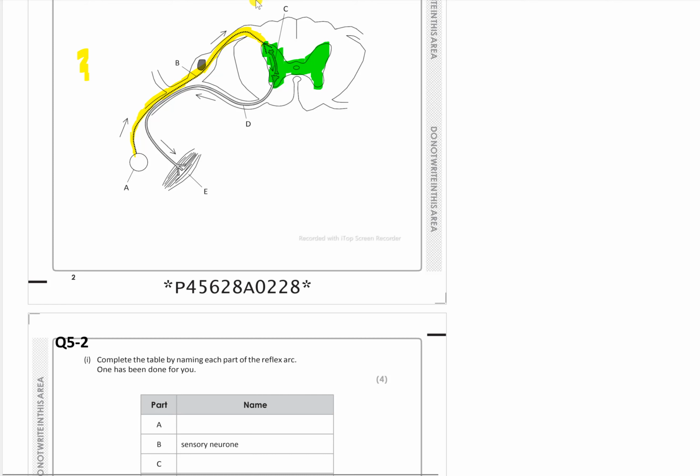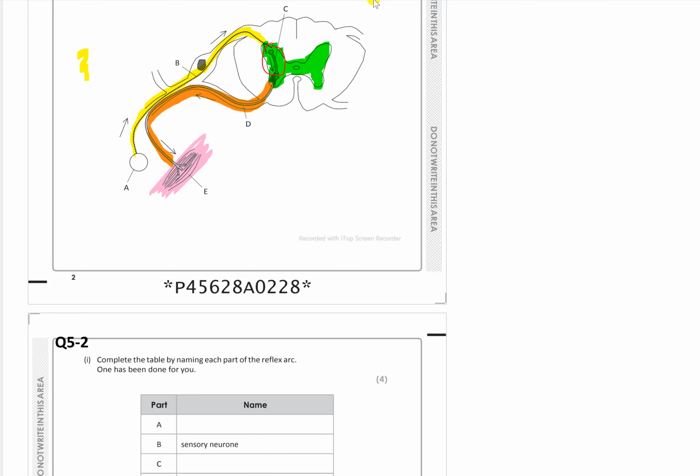It travels up there, then that's your relay neuron, and then you've got your motor neuron, and then you've got your effector.